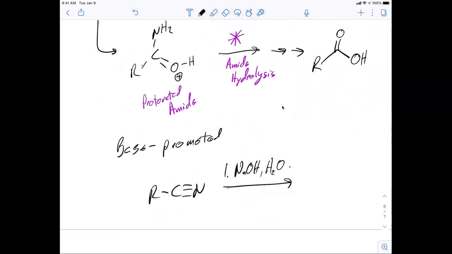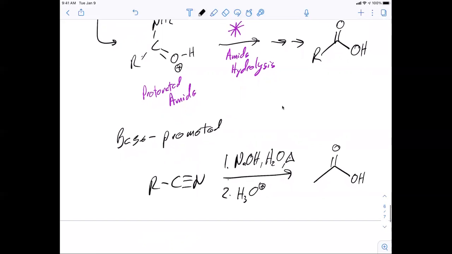Here we'll need water, usually heat. And then of course, to get it back to the acid, we'll need the protonation. Mechanism is similar to that. After the first step, it mimics the amide.